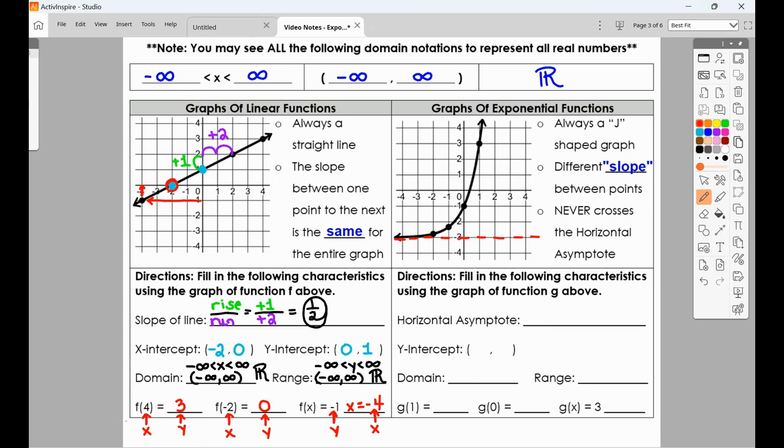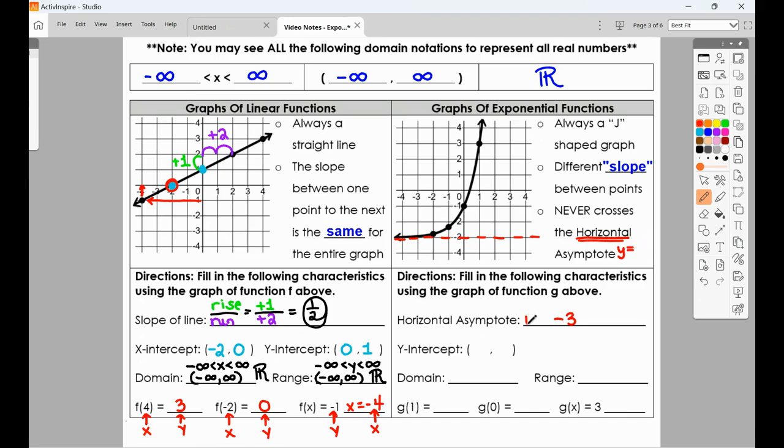Let's go ahead and fill in the following characteristics using the graph of function g above. We have the horizontal asymptote, like I just said, being at -3. I want you to underline that it's a horizontal asymptote because that's going to give me the equation of y equals.